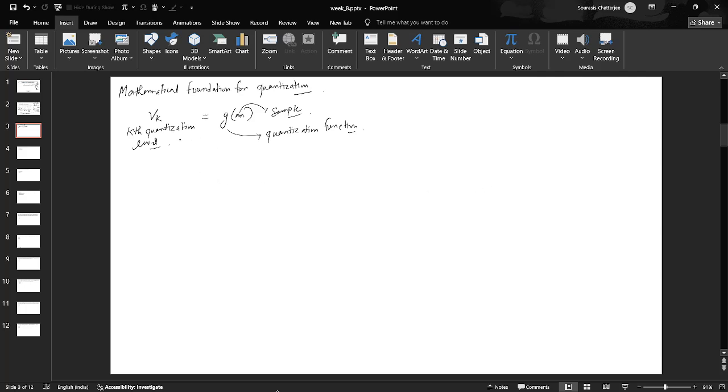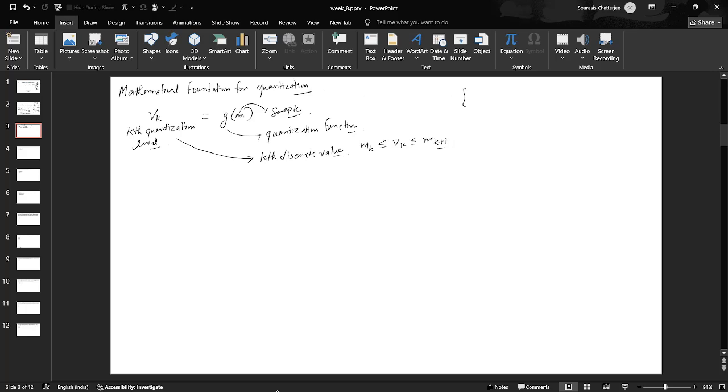The kth quantization level means the kth discrete value, and it must lie somewhere. So it should lie between, let's say, mk and mk+1. What do I mean by that?